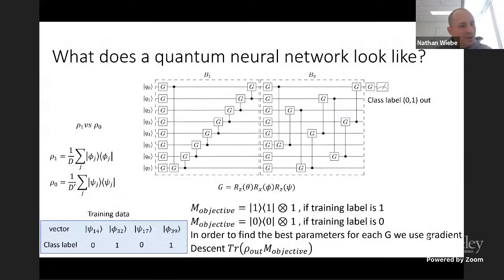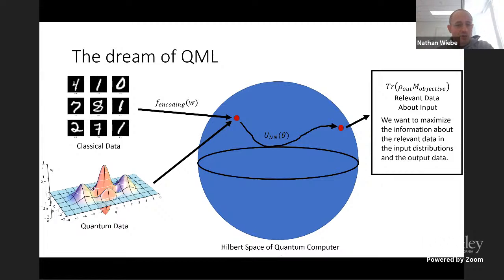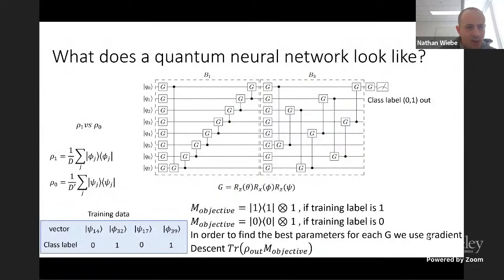So the next question is, what would one of these quantum neural networks actually look like? That is, one of these parameterized U(θ)s. Here's an example of one from a paper that I did with Maria Schuld a fairly long time ago.